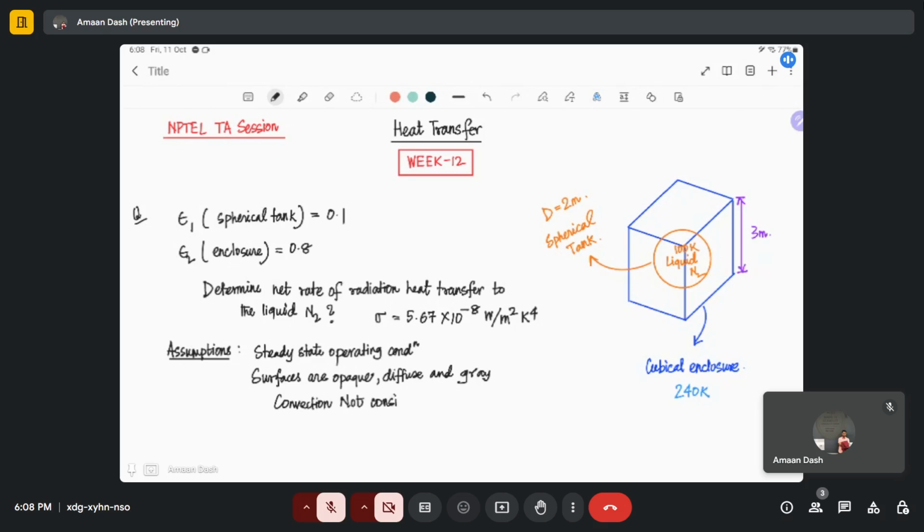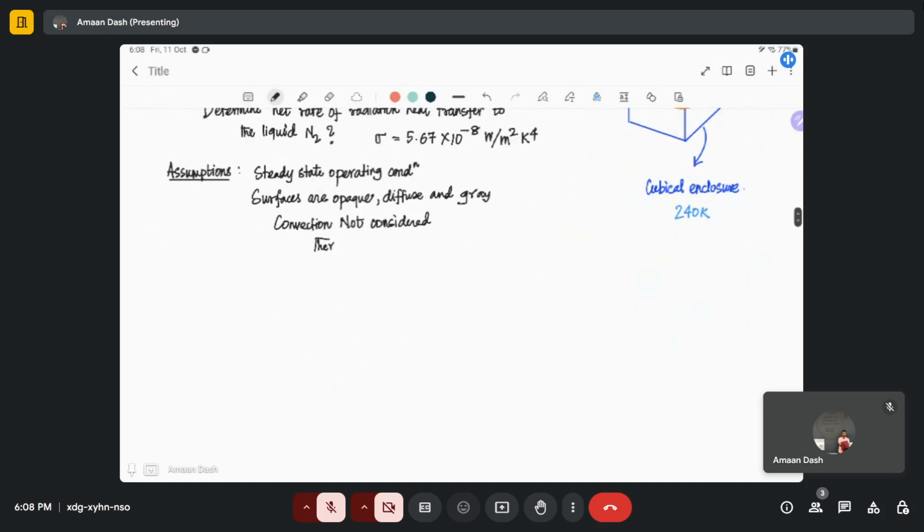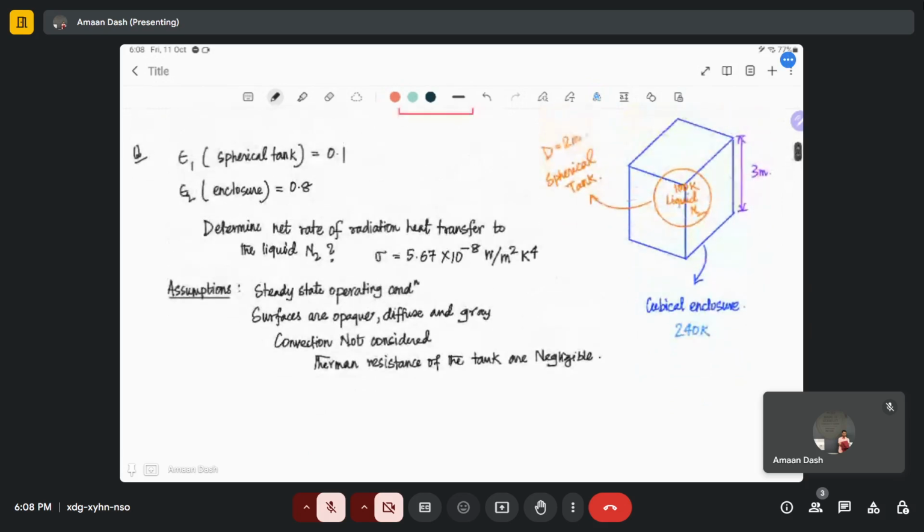Determine the net rate of radiation heat transfer to the liquid nitrogen.